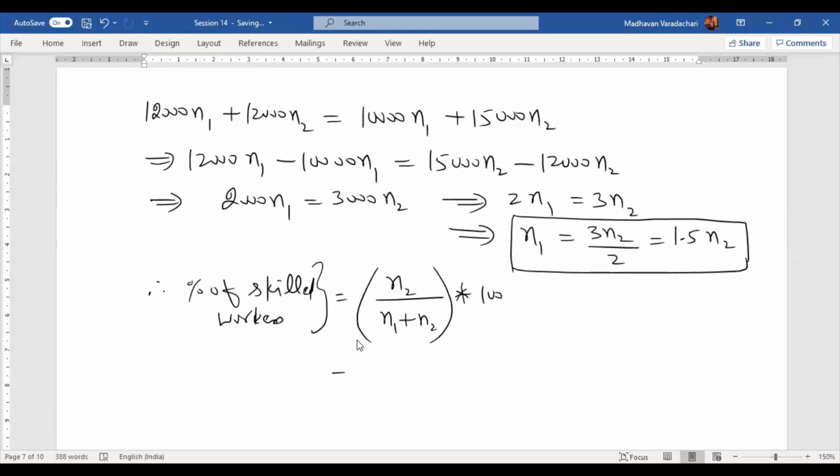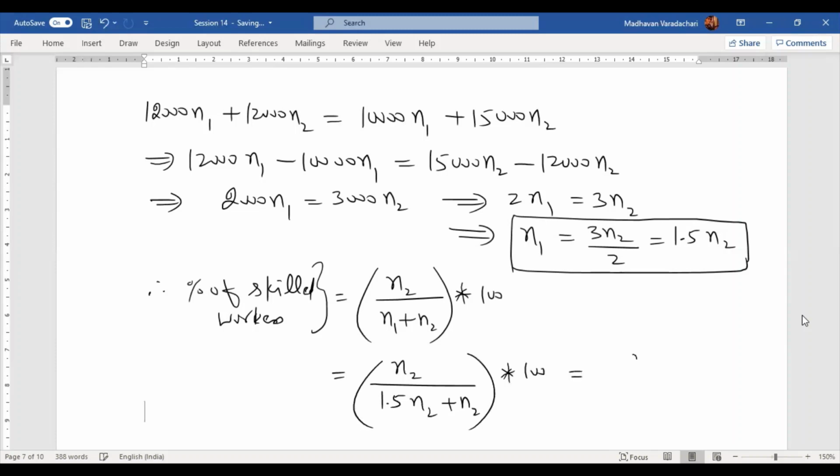We know n1 in terms of n2 is 1.5 n2. So n2 divided by (1.5 times n2 plus n2) into 100.